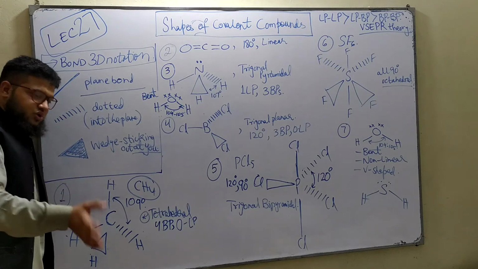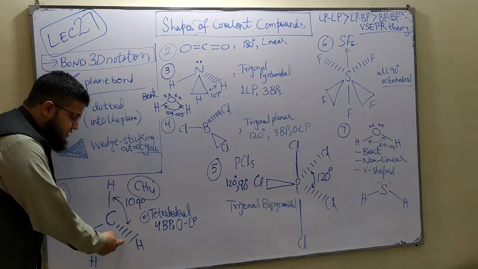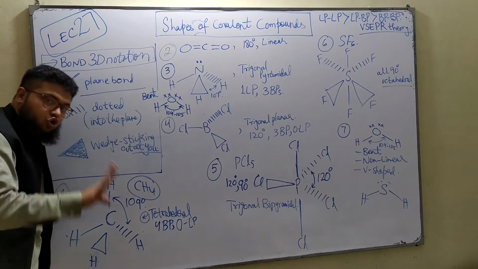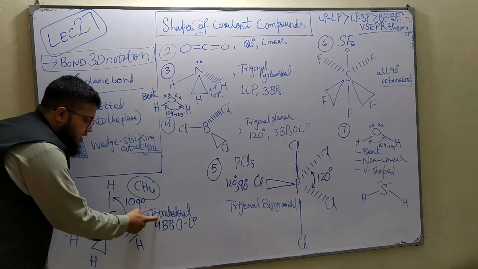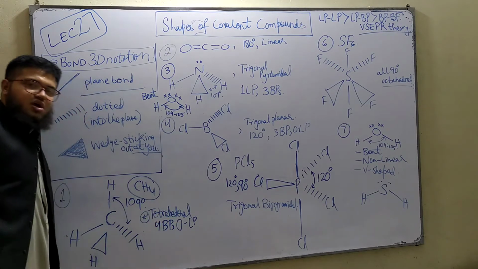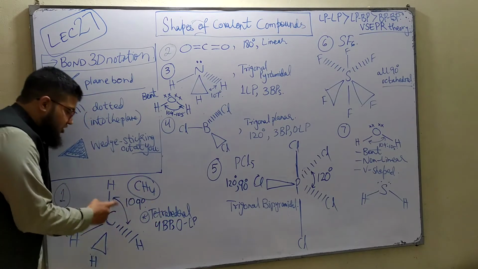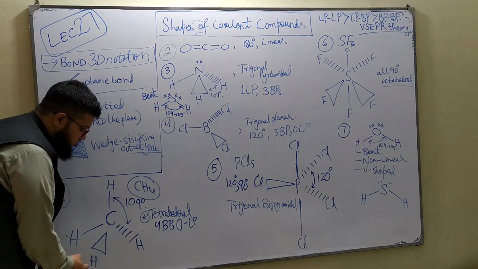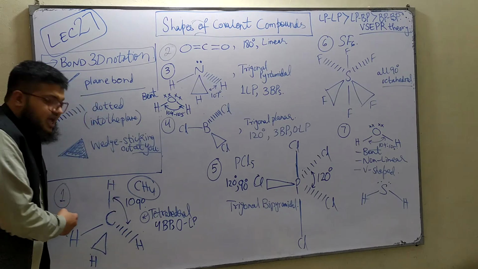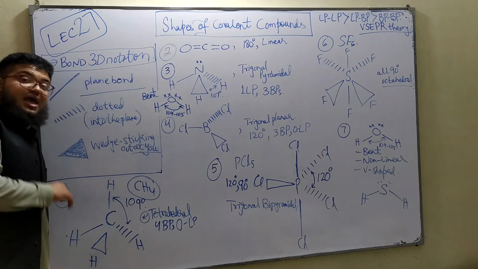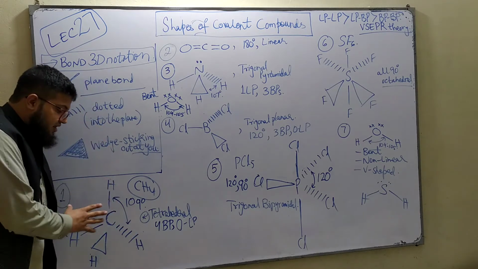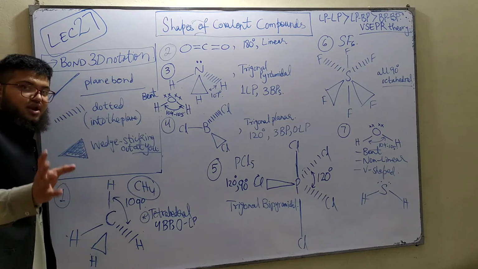So any molecule which has 4 bonded pairs, only 4 bonded pairs, no lone pairs on the central atom, that molecule will have a shape called tetrahedral structure. Why tetrahedral? Because if you join all the hydrogen atoms by an imaginary line, going here to here and then coming down and then going up in 3-dimensional space, they'll form a tetrahedron.